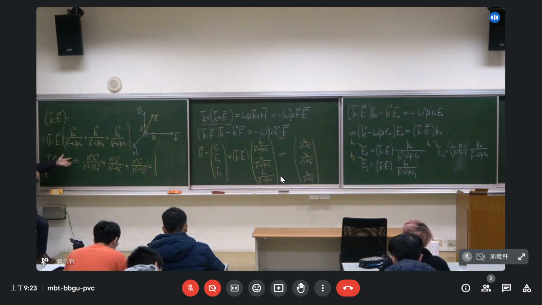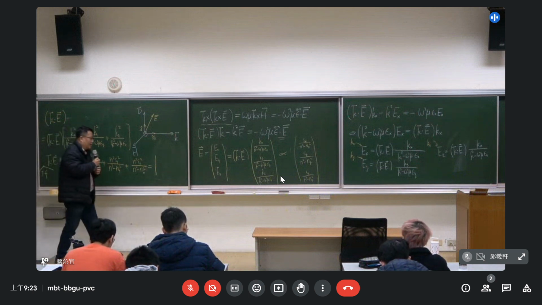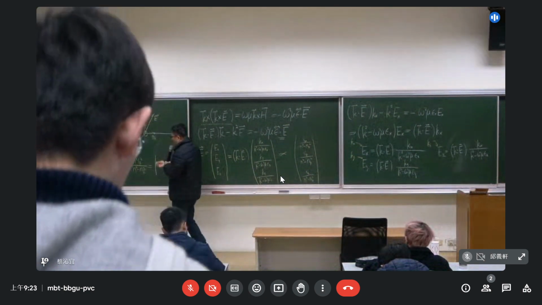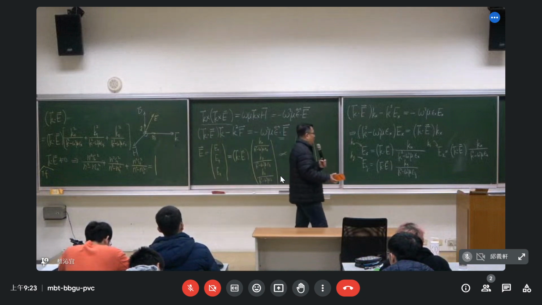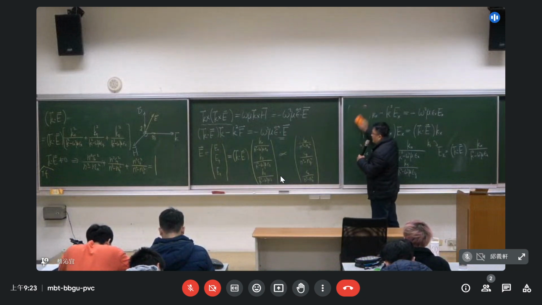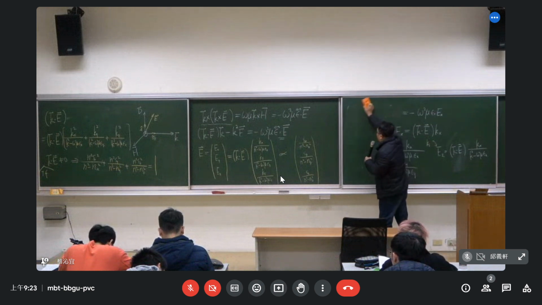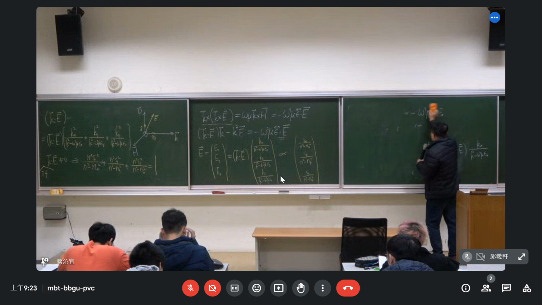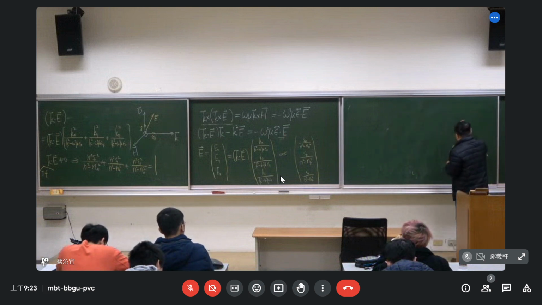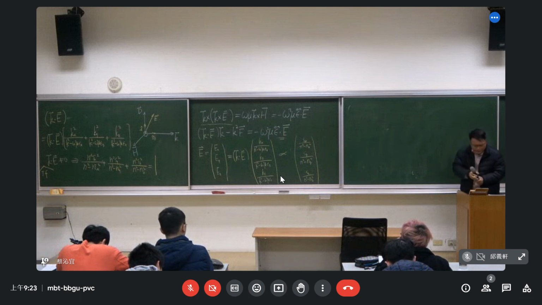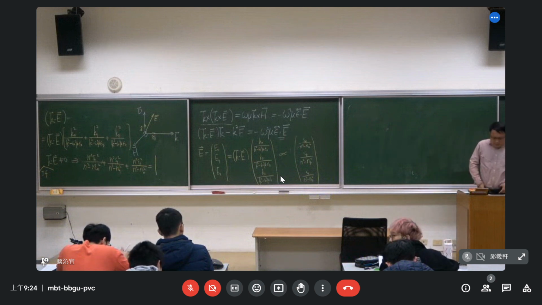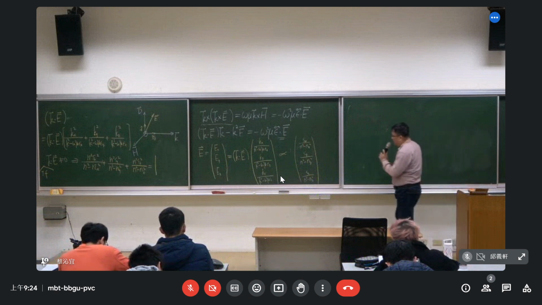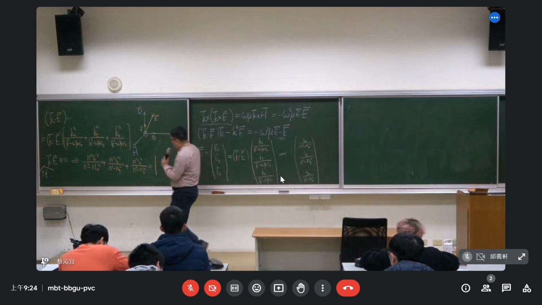Okay, so I get this expression, and this is the Fresnel's equation of the wave normal. So this way we have a simpler method to get the same equation.